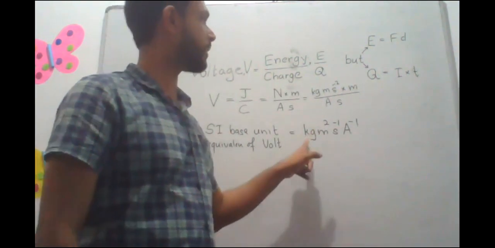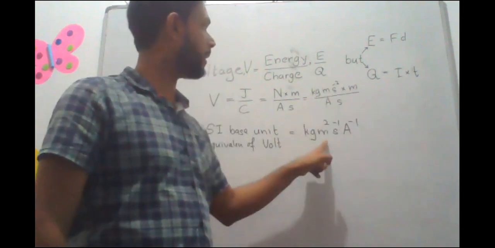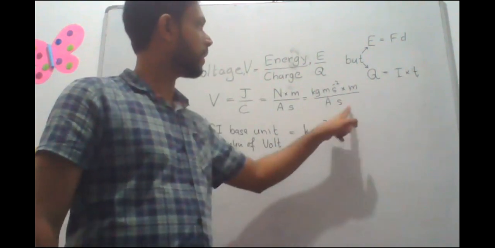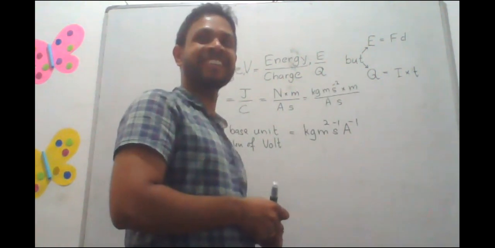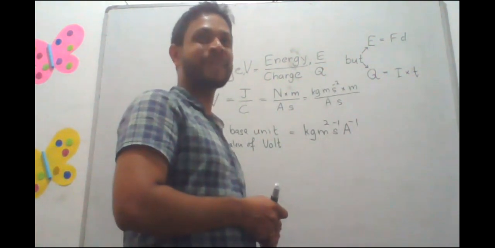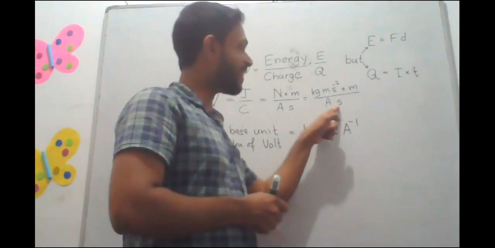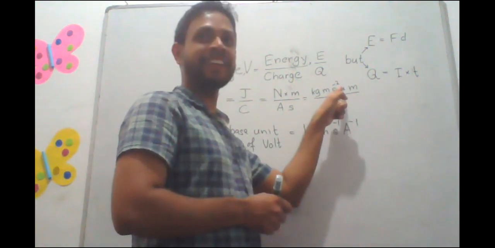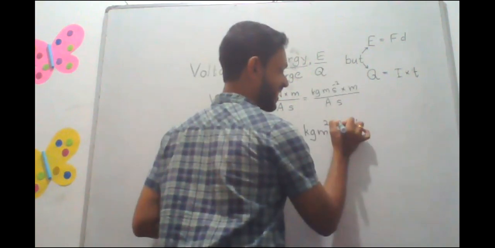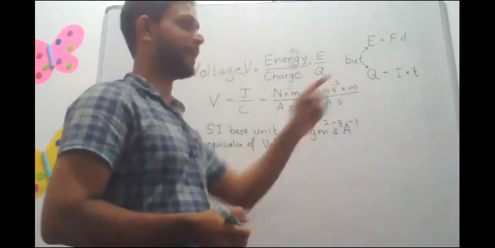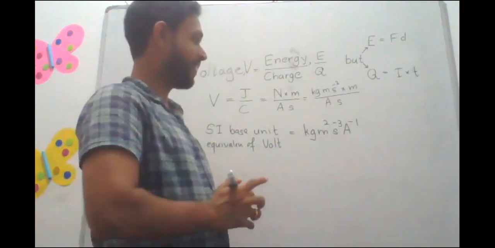Kilogram, I'll check that again. Meter squared. Here, I have made a mistake. Can you catch that? When second is going up, it should be -1, so it should be -3. And per ampere, that's correct, right? Okay.